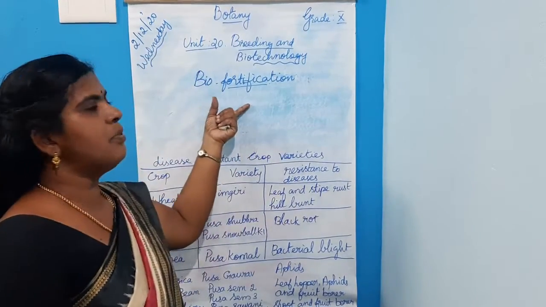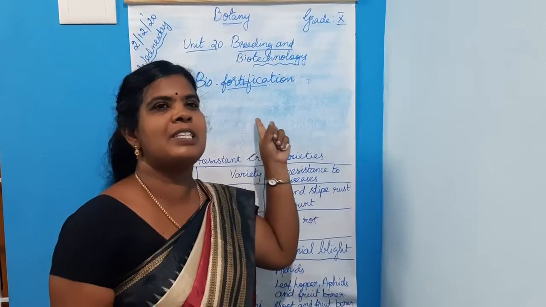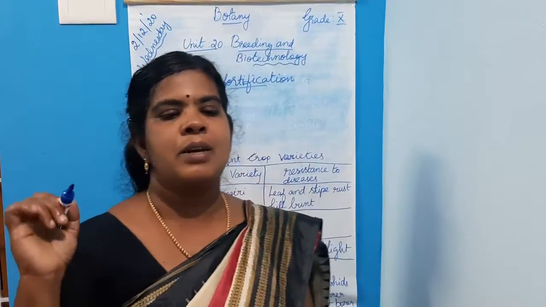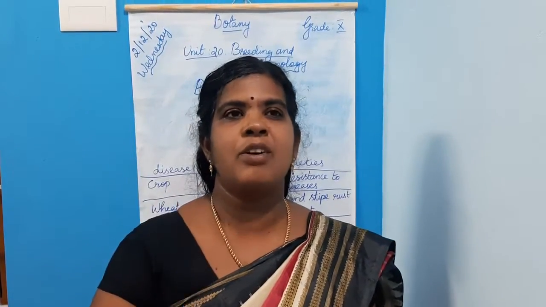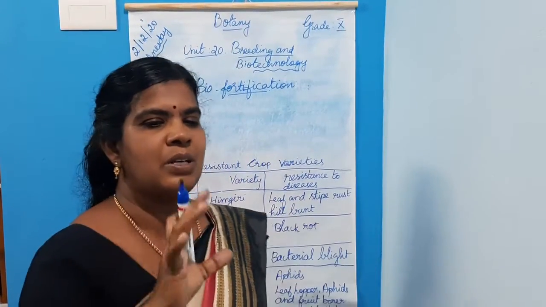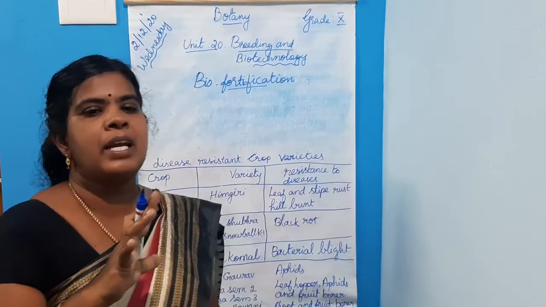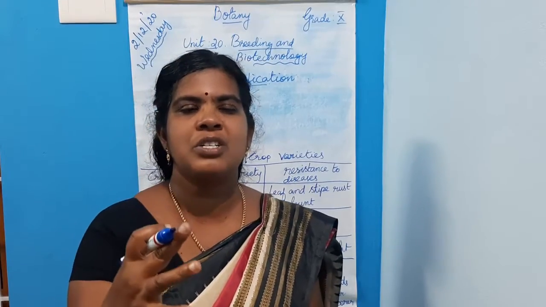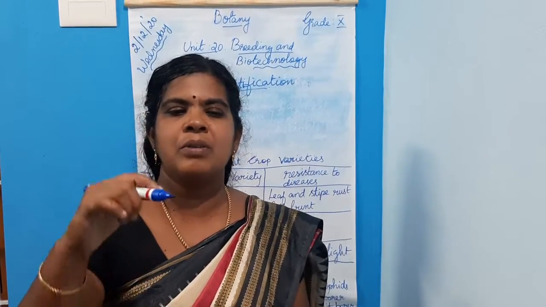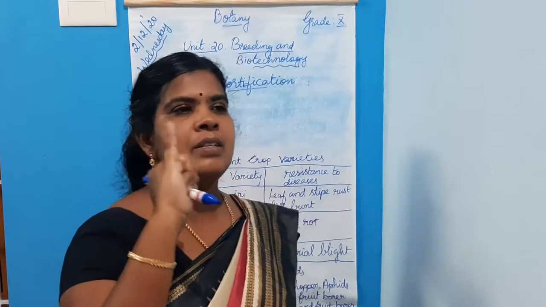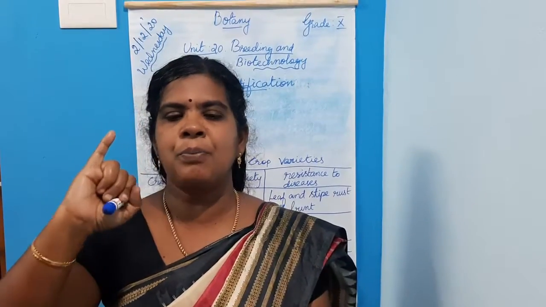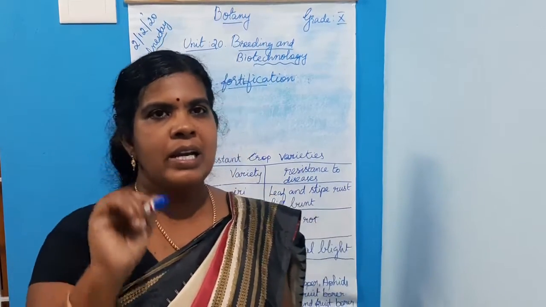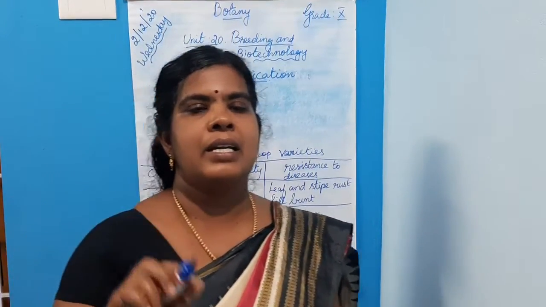Because of this biofortification, certain plants are developed with high protein content, mineral content, etc. These are the achievements of biofortification. The aim of plant breeding is to improve the nutritional quality: the protein content, then quality of protein, oil content and mineral content.